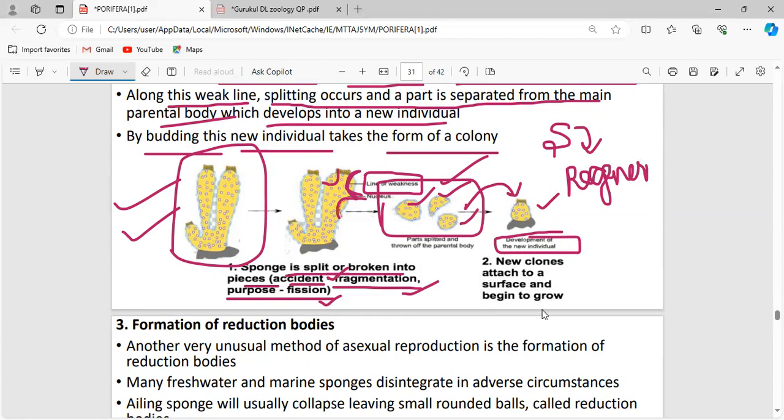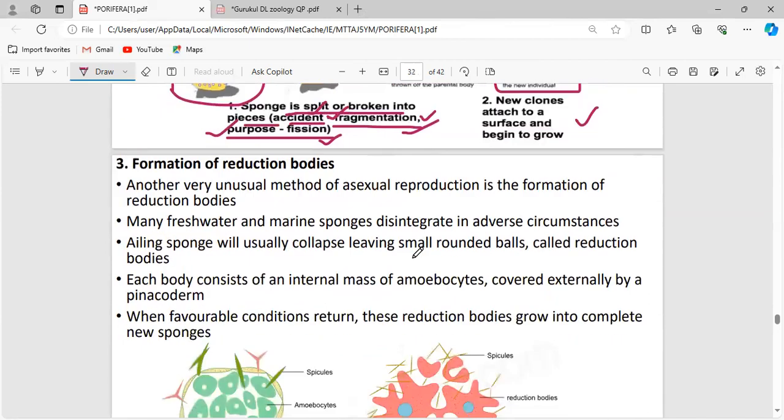That is why reading the general characteristics is very important. This is how you have to read, by linking the characteristics. If it is by accident, then it is said to be fragmentation. And if it is purposely, if it wants to give rise to many and multiply its colony, then it is said to be fission. Okay, fine. That's all about fission.